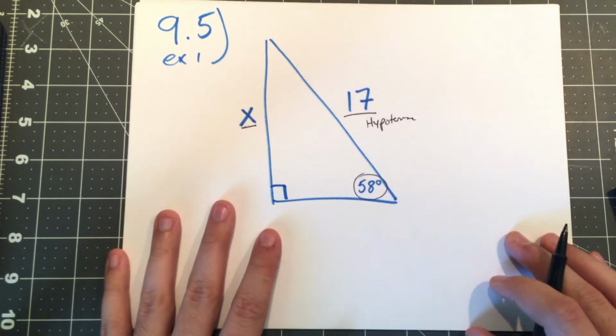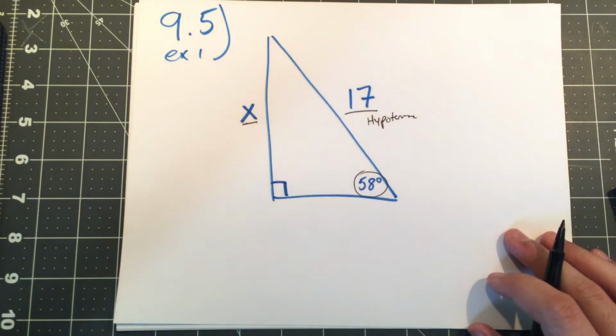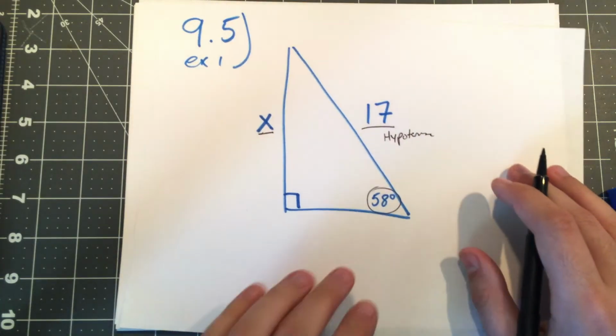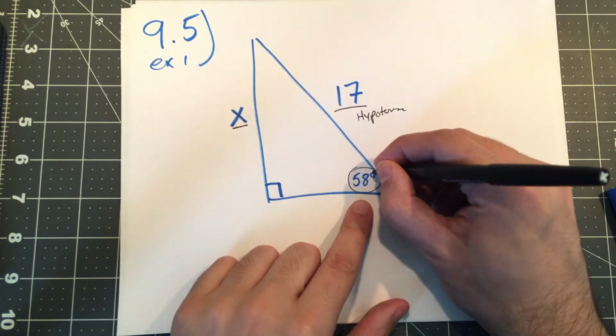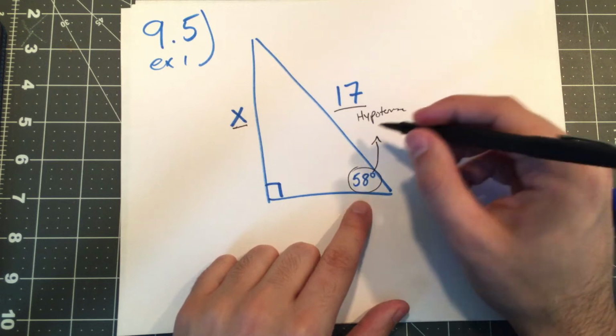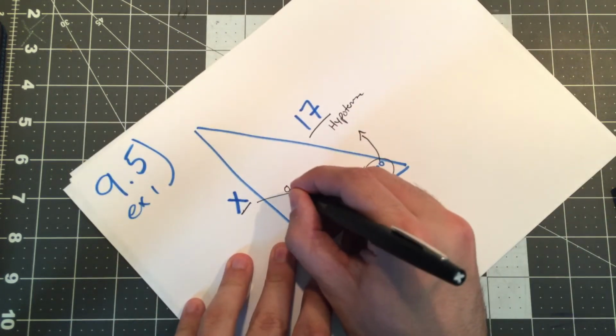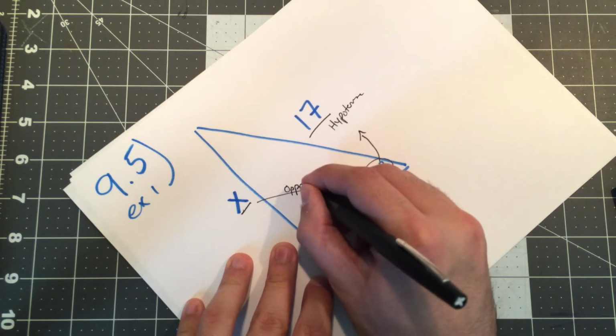First thing I have to do is figure out which one of my three functions I'm going to use: sine, cosine, or tangent. Well, based on the angle I'm given, I have the hypotenuse, and this is the opposite side from my angle.